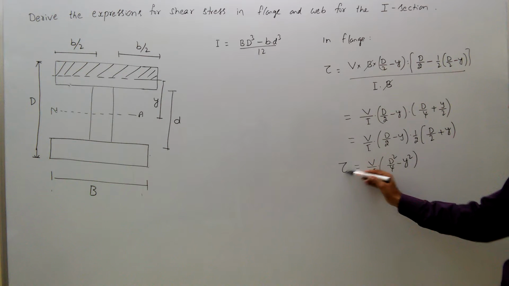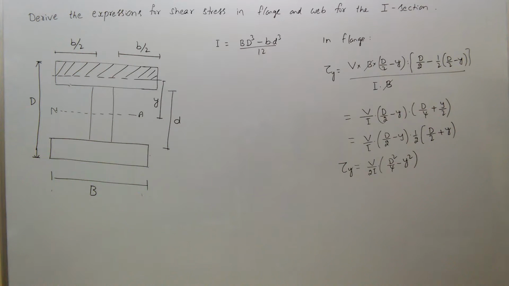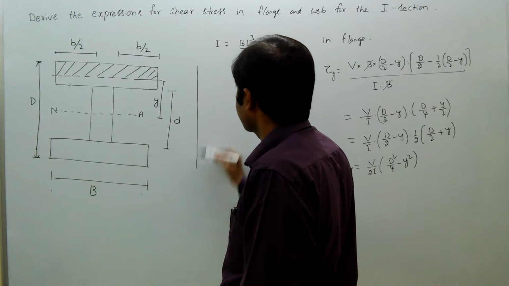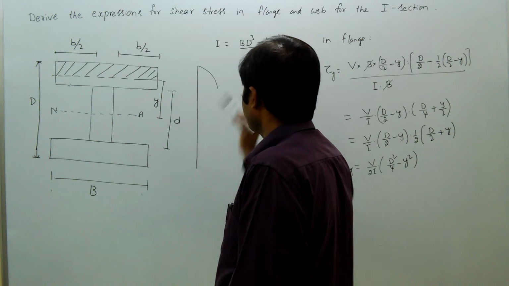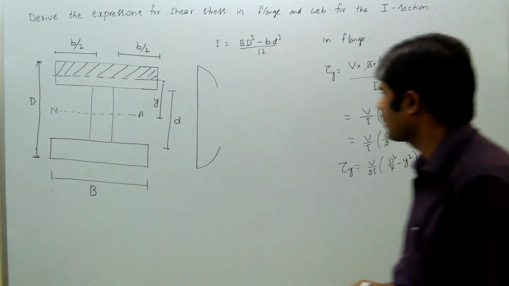This is the expression at distance Y from neutral axis in flange. That means it is a parabolic variation. So variation is like this. In this bottom flange also, because of symmetry, it is like this.